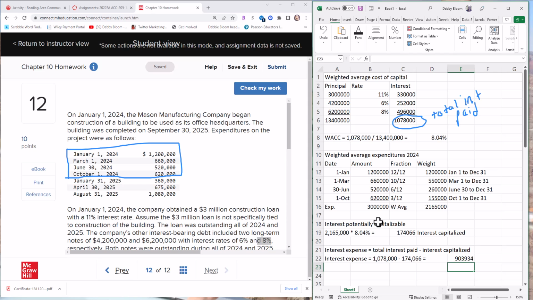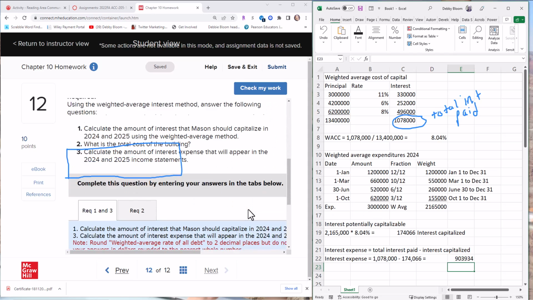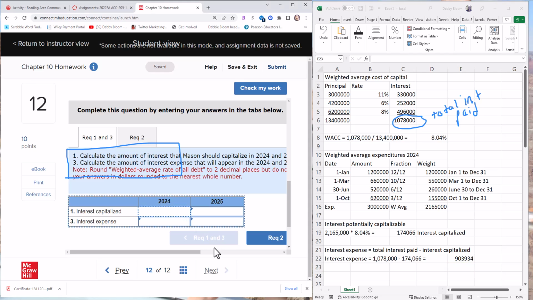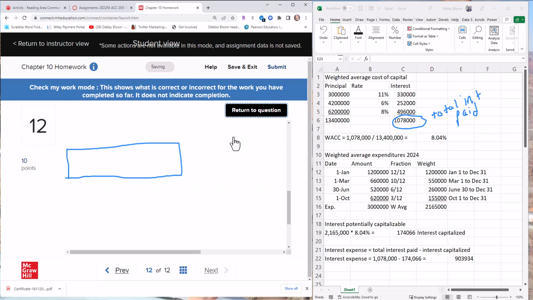And we get 903,934. So my interest capitalized 174,066, and my interest expense 903,934.